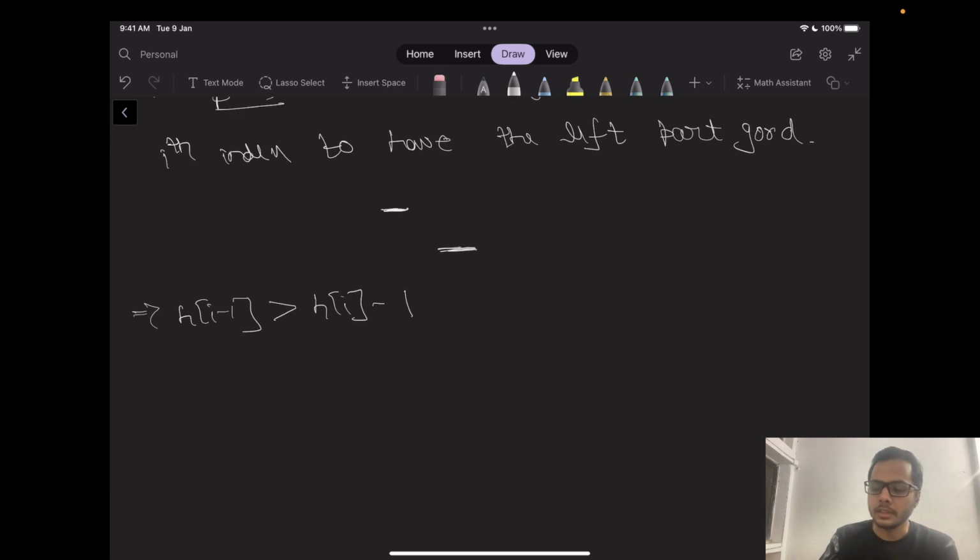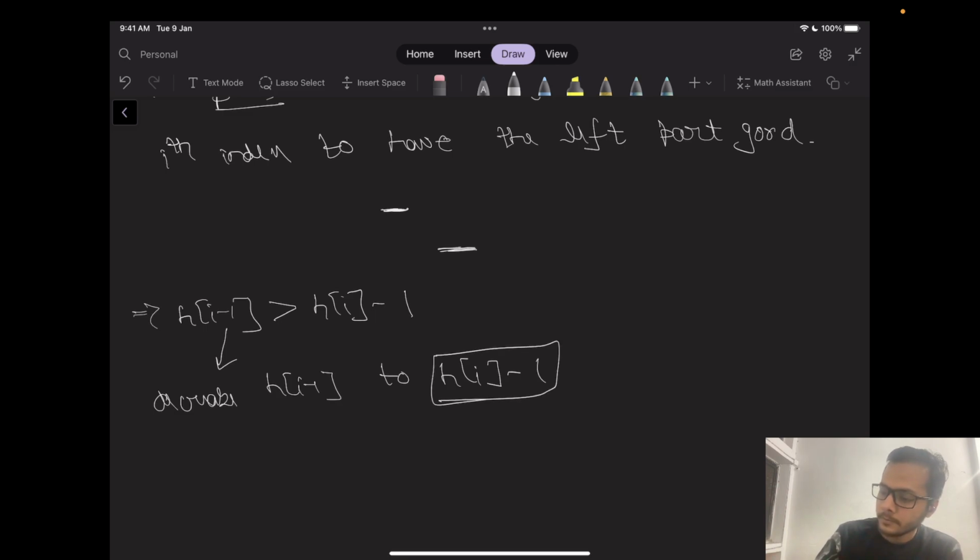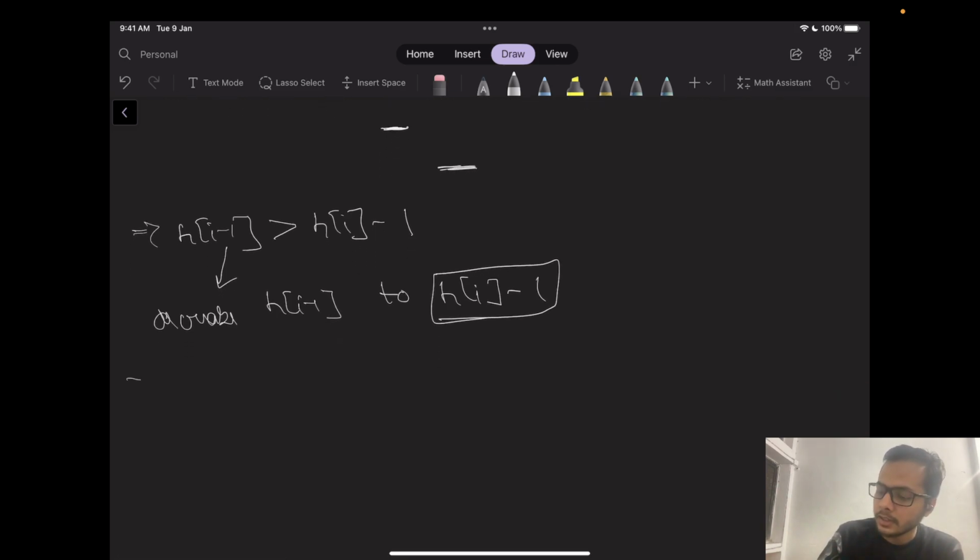But let's say that's not the case. If that's not the case, then we'll have to decrease h of i minus 1 to h of i minus 1, right? But let's say that was not the case. Let's say h of i minus 1 is less than or equal to h of i minus 1.